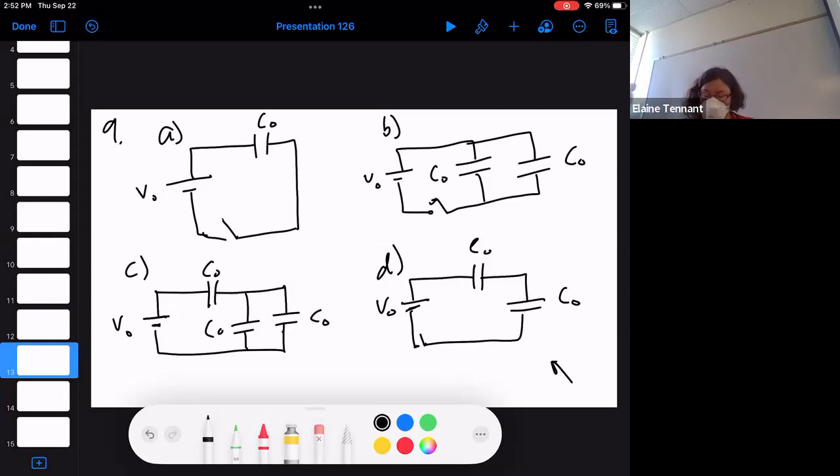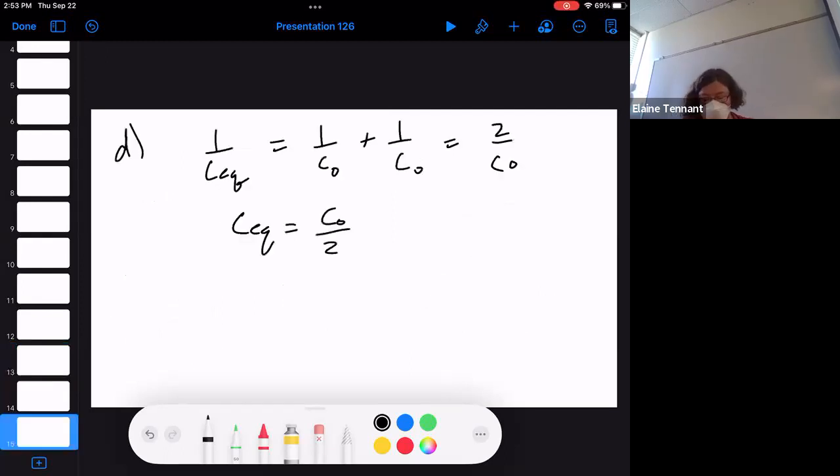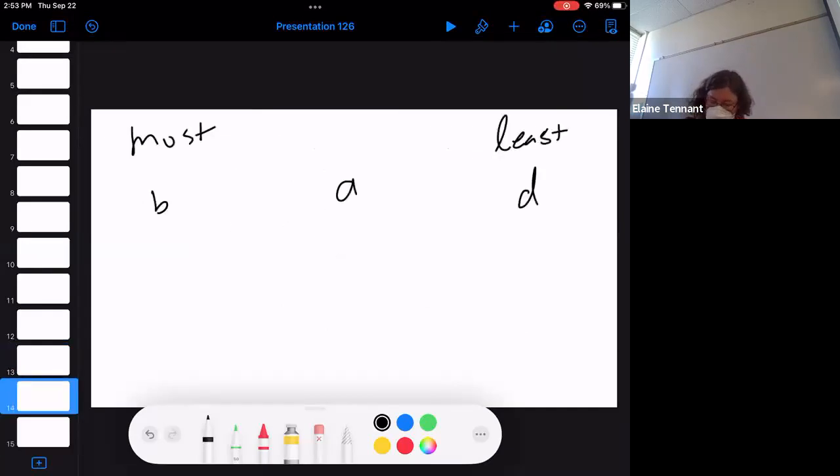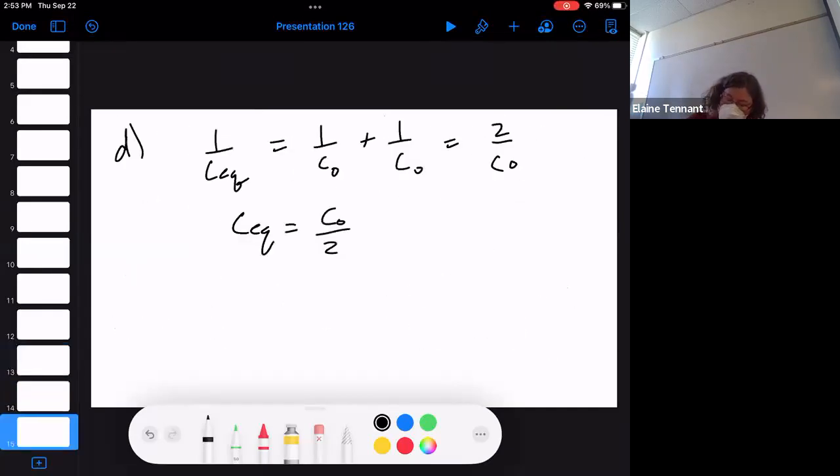Because it's definitely more than D, right? Because these two capacitors in parallel are going to have more capacitance than one capacitor by itself. So it's more than D. But whether or not it's more than A, let's go ahead and do the math on that one to make sure.